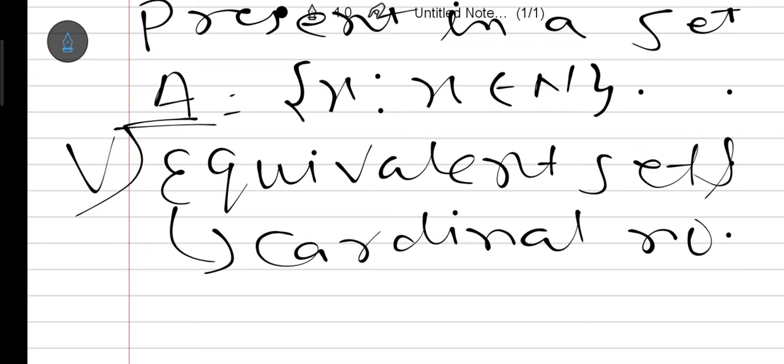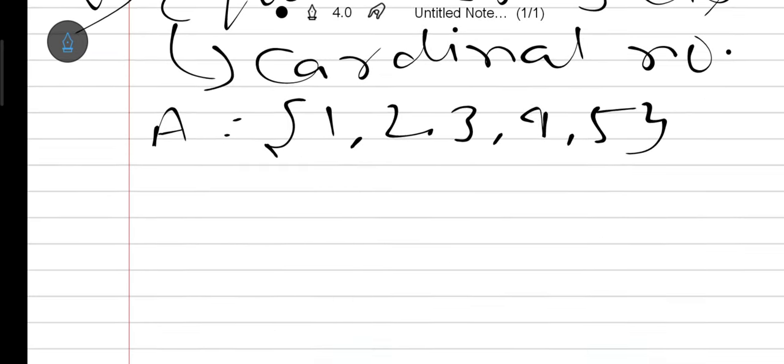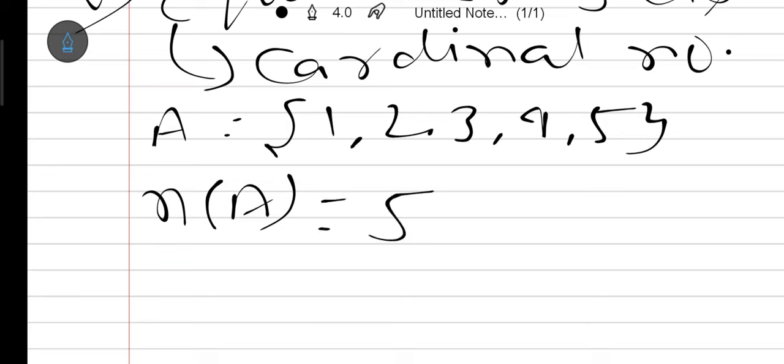Now see how we represent this. Suppose A equals {1, 2, 3, 4, 5}. The symbol of cardinal number is n(A), so the cardinal number of this set is 5. We can also say this as cardinality.